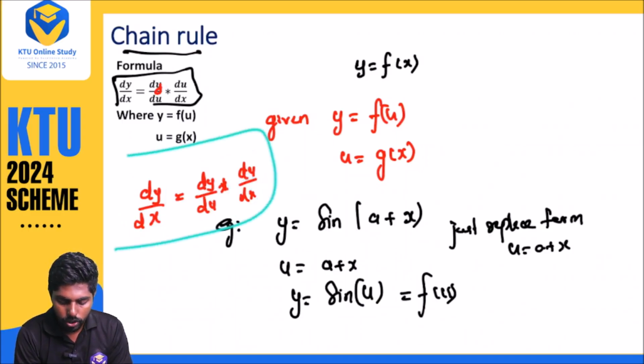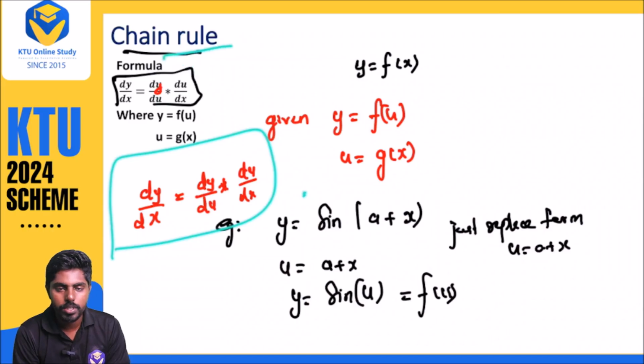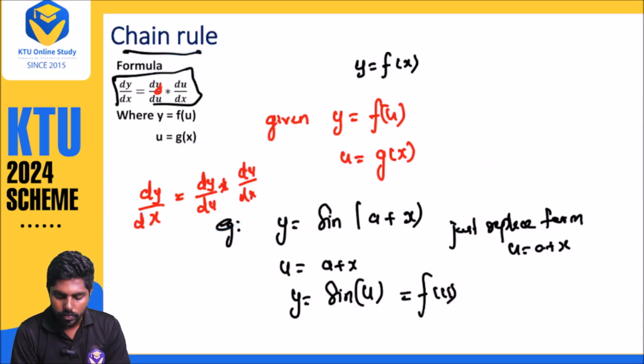This is the chain rule formula you want to apply. Here du and du cancel, and it becomes dy by dx.